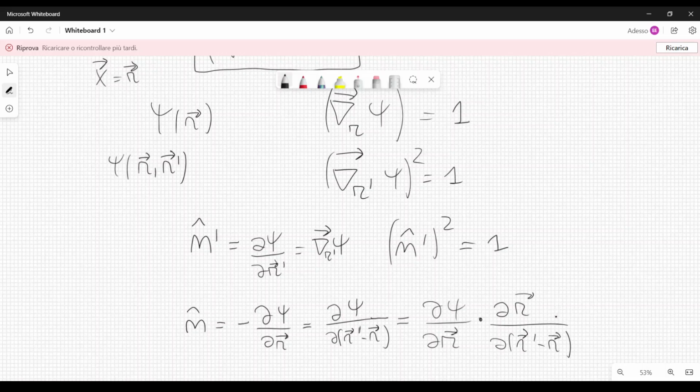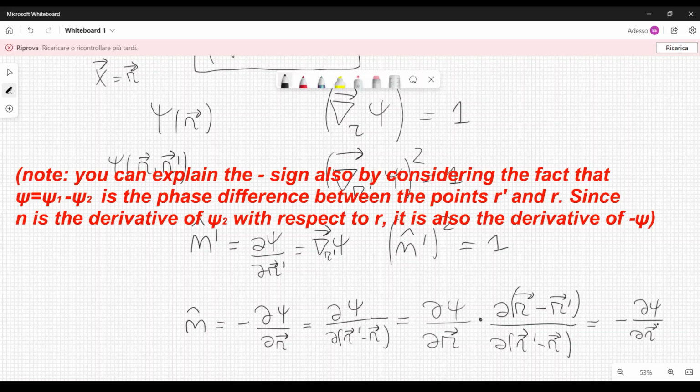And remember, we are keeping r prime fixed, so we can also add a constant inside this derivative, which is minus r prime, which is a constant, and therefore this is just minus d psi d r. It's another way of explaining this minus sign.